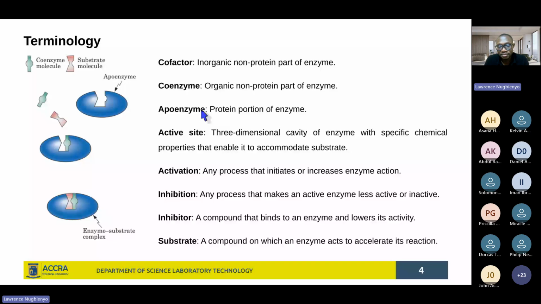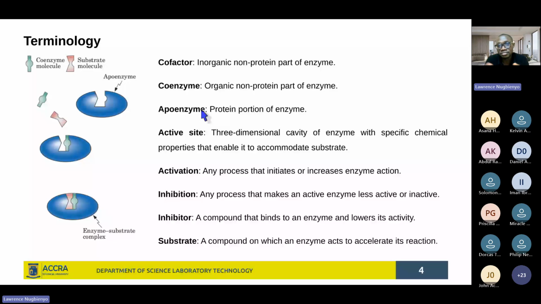Active site. Now, an enzyme is a protein, a big protein. It doesn't mean that at any part of it at all, a reaction will be occurring. There's some specific part of an enzyme, that protein structure, where the reaction that it is catalyzing will be occurring.